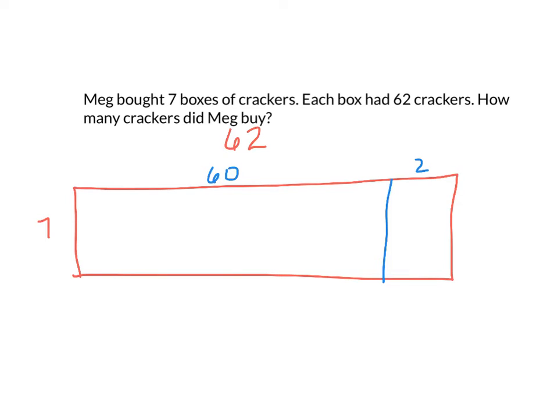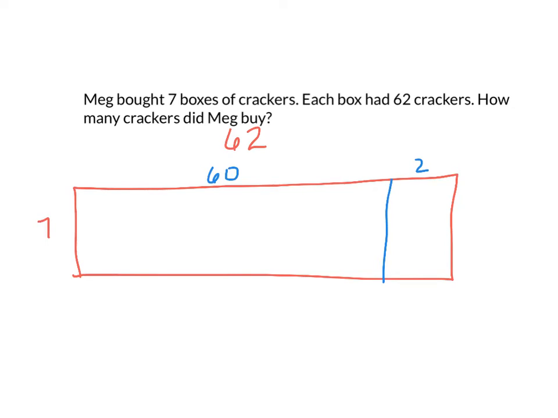And in this box, I'm solving 2 times 7. Well, I know that 6 times 7 is 42. And I need to add that 0, so it's 420. And 2 times 7 is 14. So when I add 420 plus 14, I get 434.